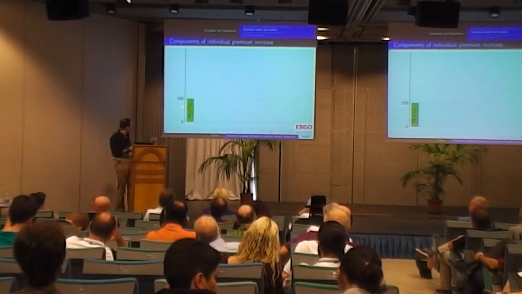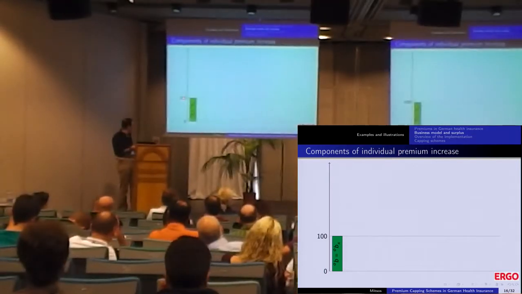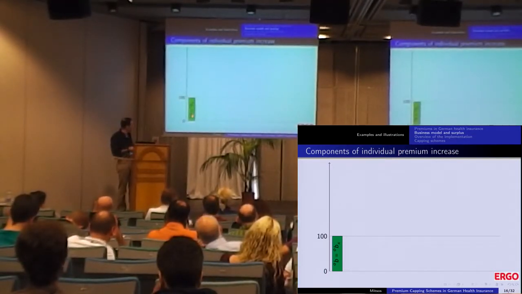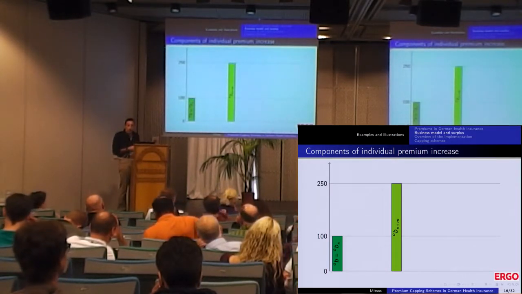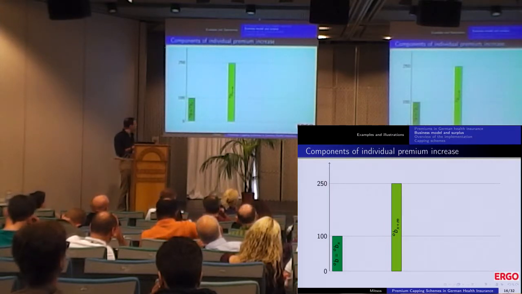The person came to us with a premium of 100 euros. And now, after some years, the premium, if he wanted to contract with us at this age, would be 250. Of course, he still pays the 100, but there has been no recalculation.